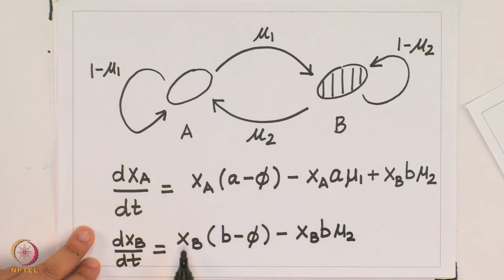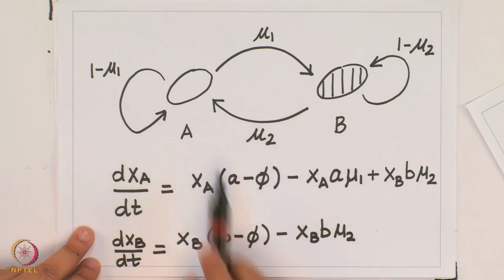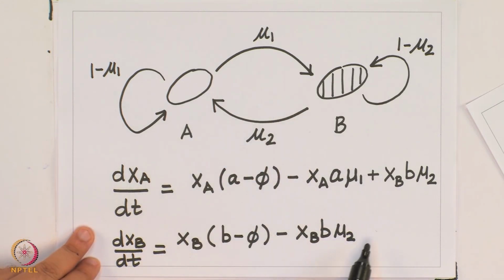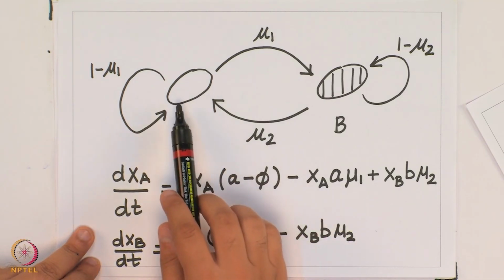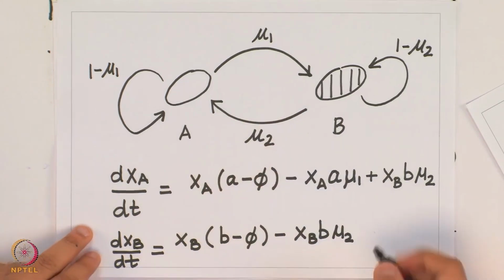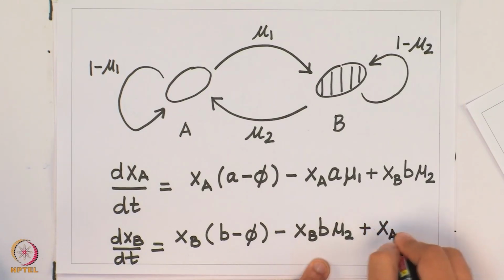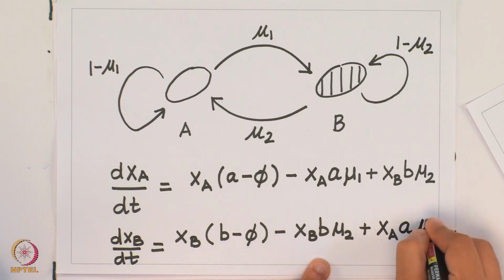This is because we have counted all divisions that are happening with genotype B here, but we have to subtract those divisions which actually lead to production of genotype A, which is given by this arrow. We subtract them, but to this we have to add all those divisions which are happening with genotype A but lead to progeny of genotype B, which is xa times A times mu1.